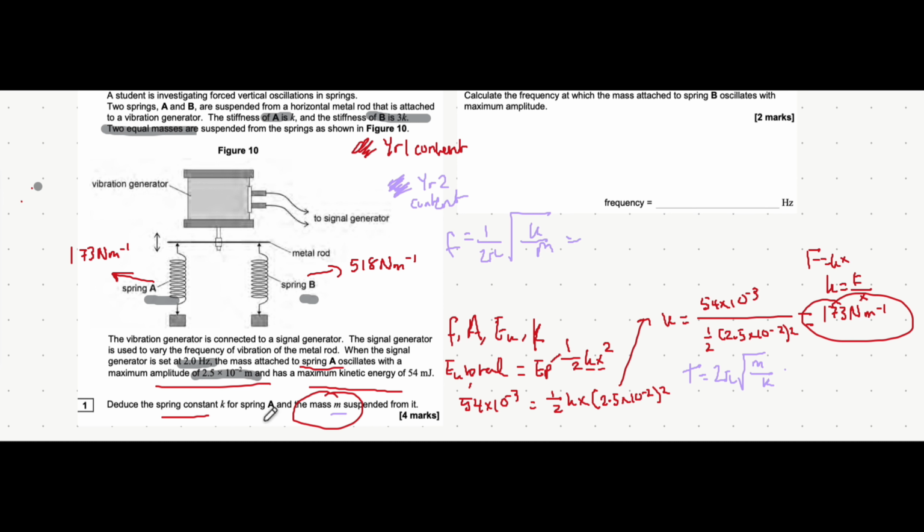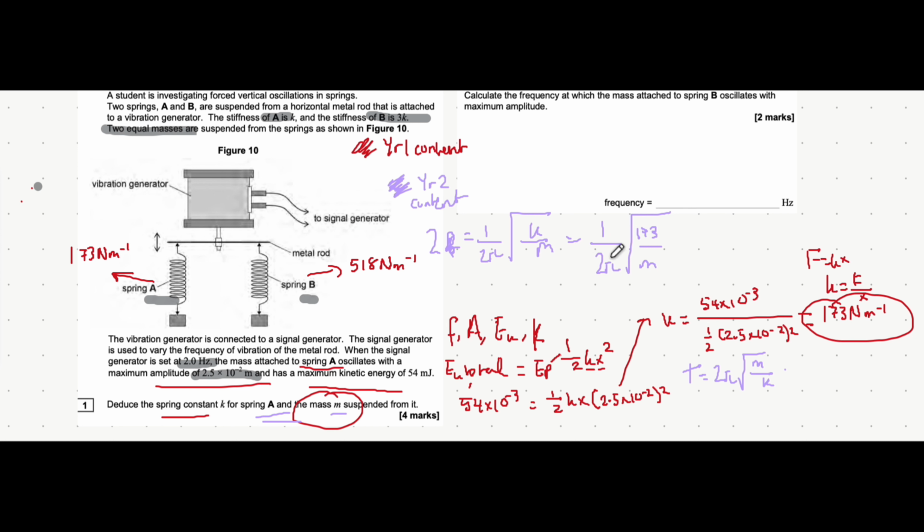So for spring A specifically, it's 1 over 2 pi multiplied by the square root of the spring constant of spring A, which is 173, divided by the mass of spring A, which is what we're trying to find. Sorry. And we know the frequency of spring A is 2 Hertz because it's told in the question.